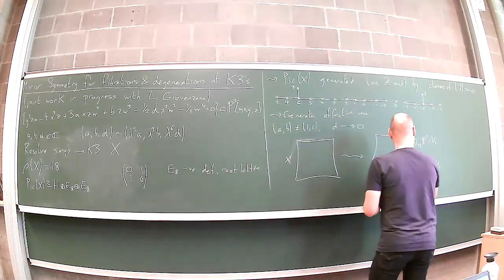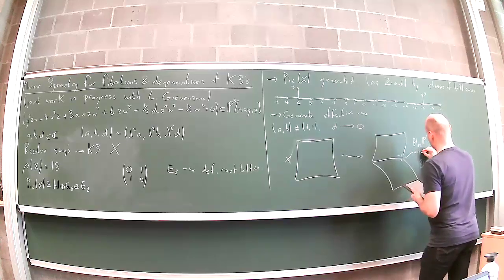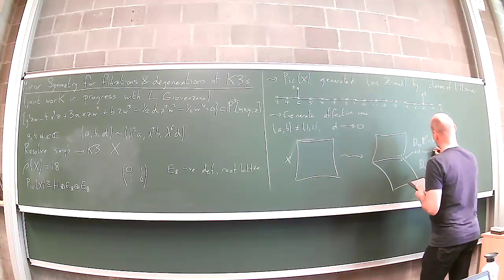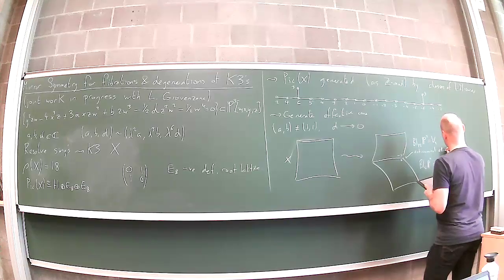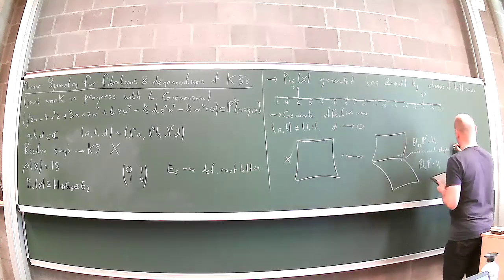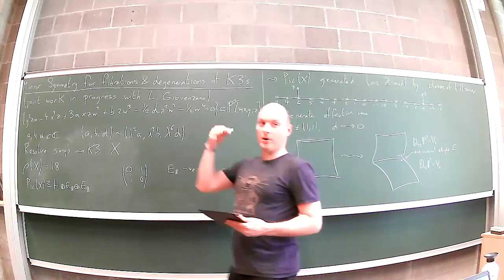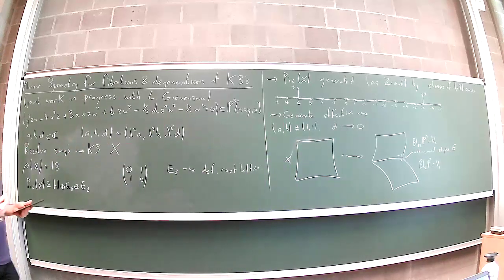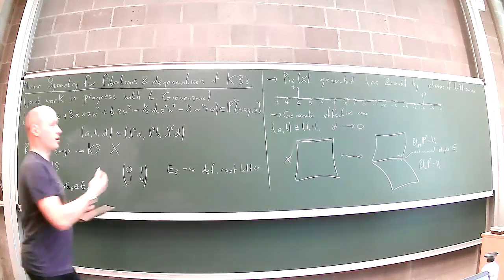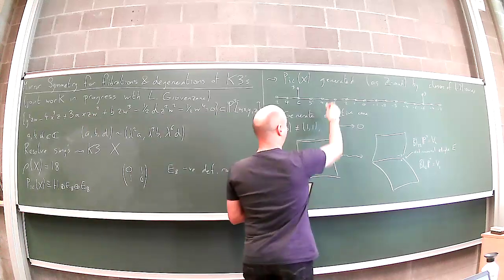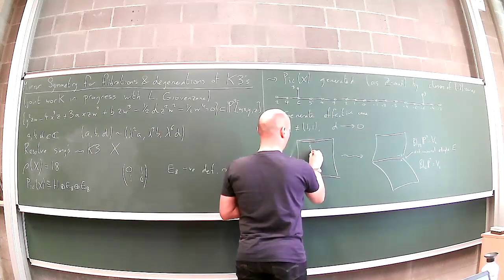What's this curve here? This curve is anticanonical elliptic, and I will call it E. So I've got two components, and they're glued along a smooth elliptic curve. So this is what happens when D goes to 0, and I can look at where these classes go. I'll draw them as curves.